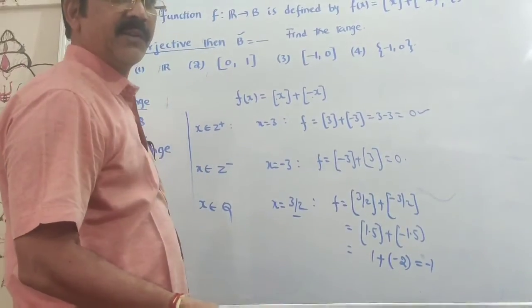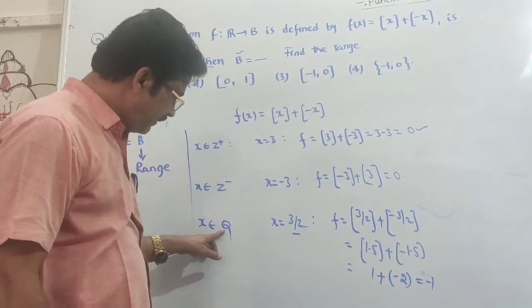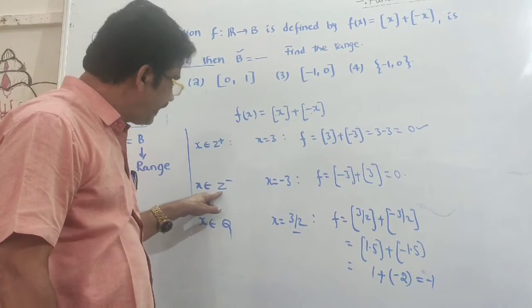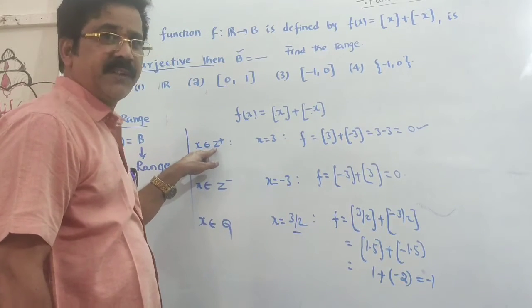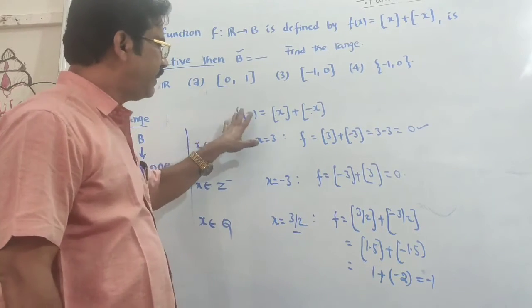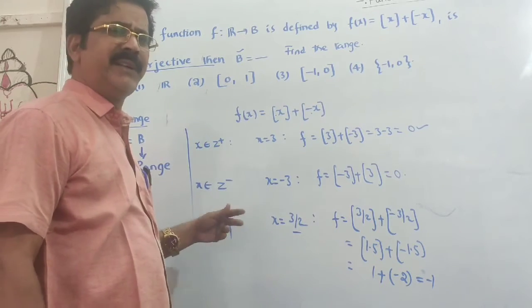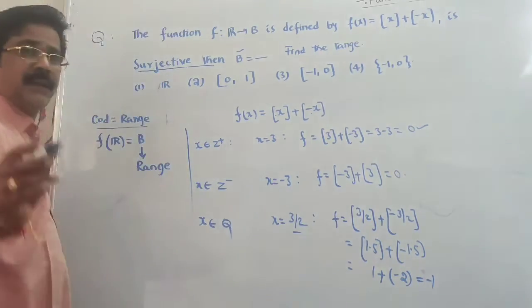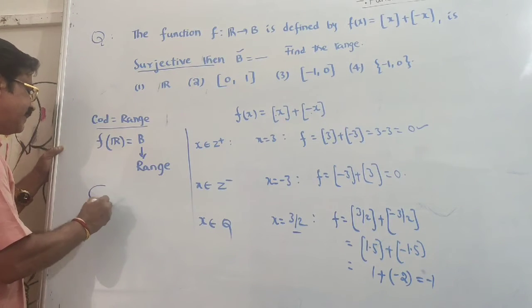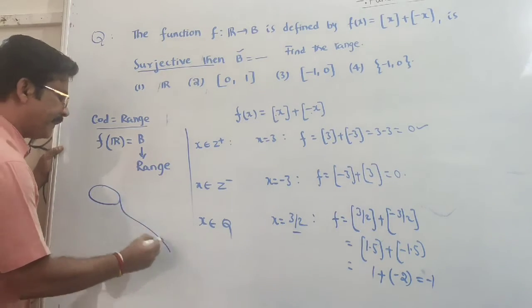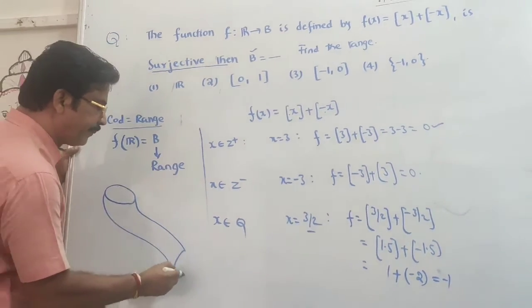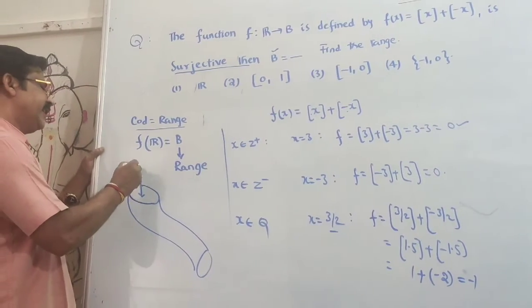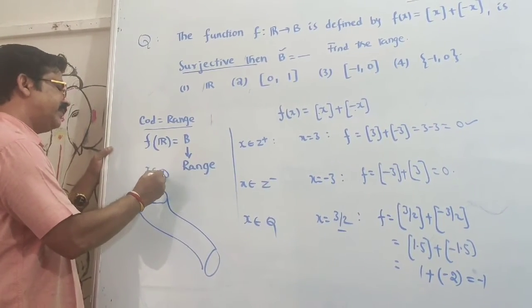You can take 0 also. I am saying this holds for every rational number, every negative integer, every positive integer. For the time being, I took 3 and minus 3 just like that. You can take any number. Now, you can take any real number.